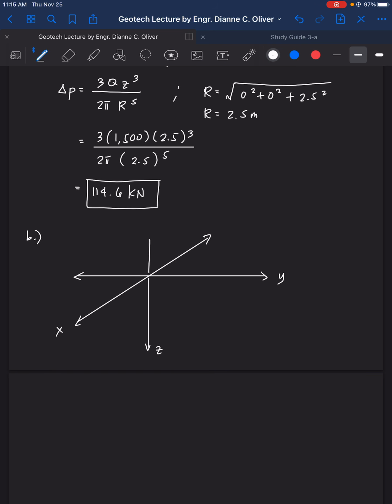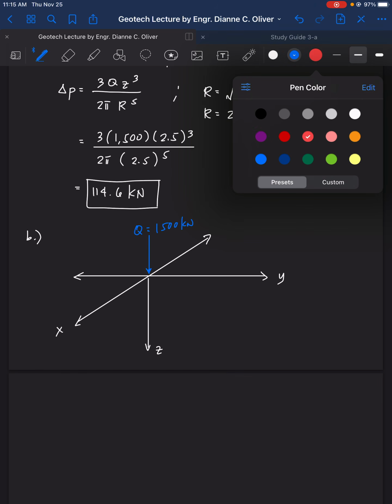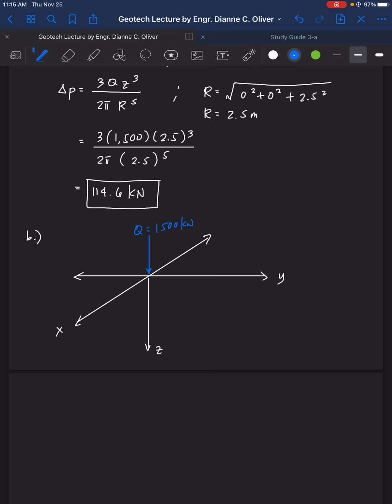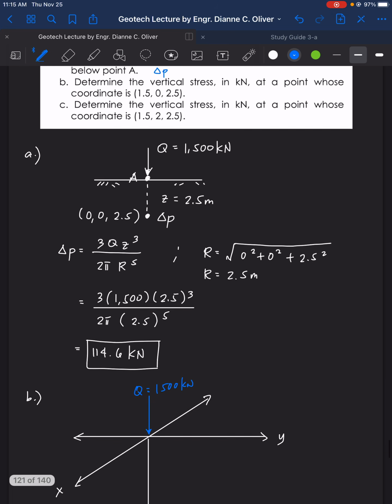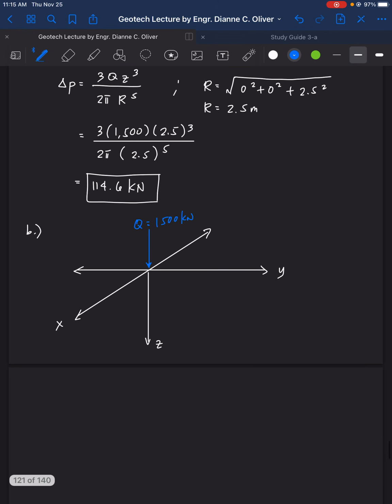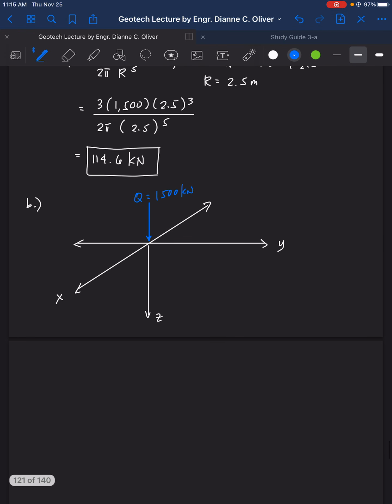Then our point load, 1,500 kilonewton. What we're looking for here is a point, at what's the point again? 1.5 for the x, 0 for the y, and then 2.5 for the z.